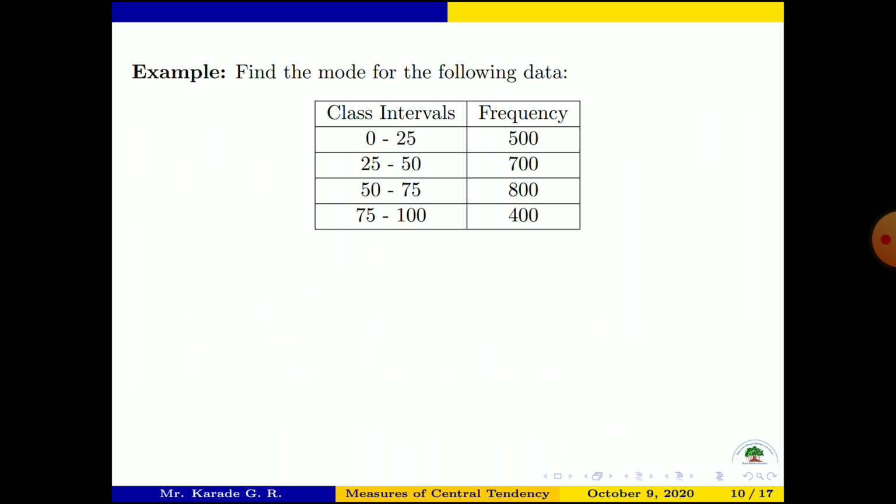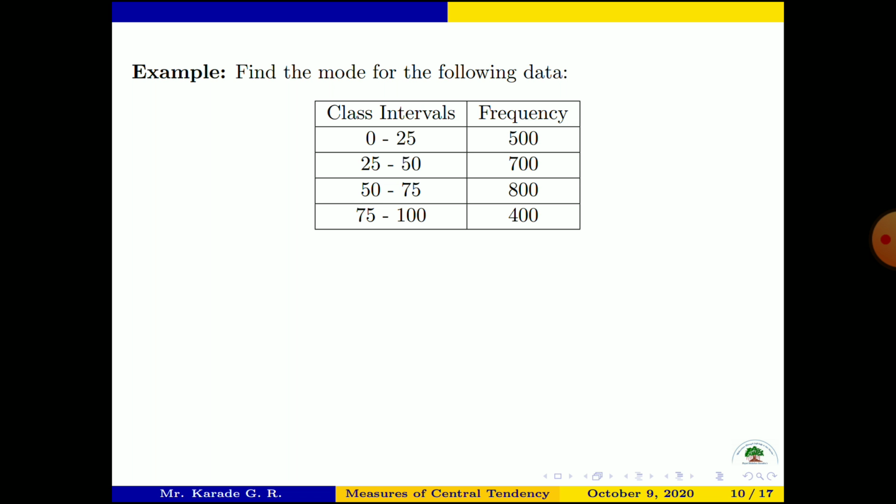The first class interval is 0 to 25, the second is 25 to 50, the next is 50 to 75, and the next is 75 to 100. The corresponding frequencies are 500, 700, 800 and 400.